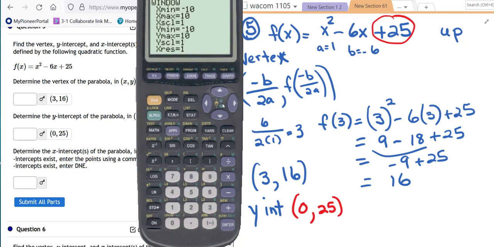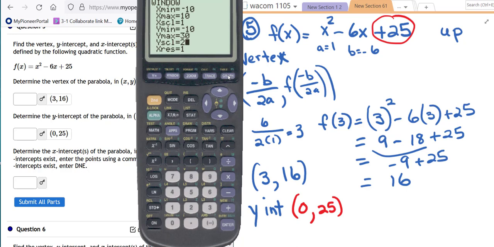So window, we'll leave the x alone, and the y minimum we'll leave. And let's change this to 40. Actually, we don't have to go that far. We'll go 30, and we'll change the y scale to 2.